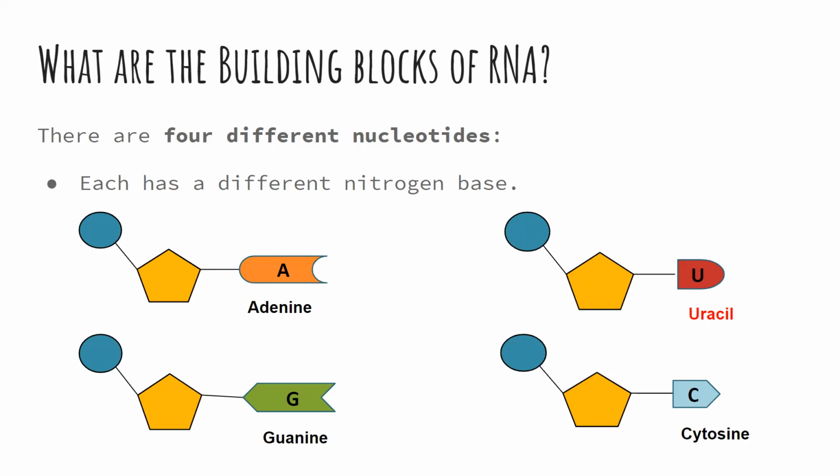There's a phosphate sugar adenine, a phosphate sugar guanine, a phosphate sugar cytosine. Those are all similar or identical to the nucleotides of DNA, but the 4th nucleotide for RNA is a phosphate sugar uracil, not a phosphate sugar thymine like DNA.